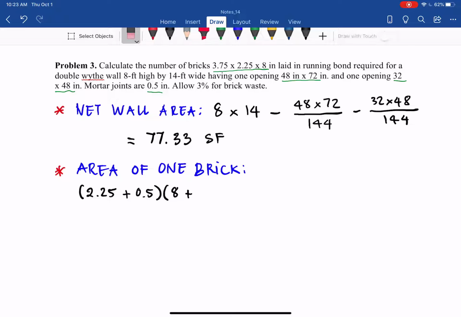The 3.75 is the depth of the brick. That is in square inches, so we have to find the square feet by dividing by 144, and you will get 0.1623 square feet.